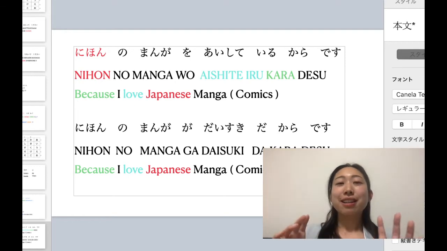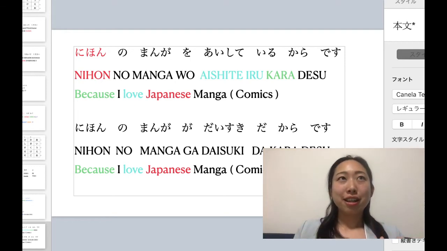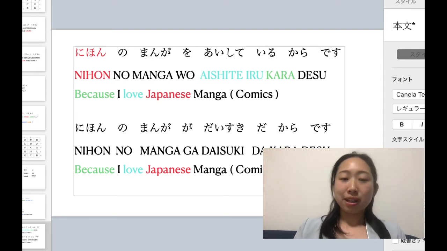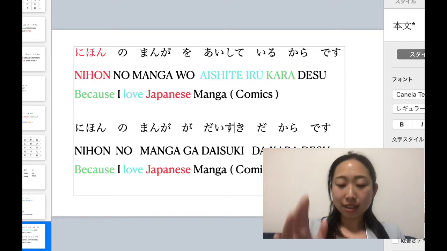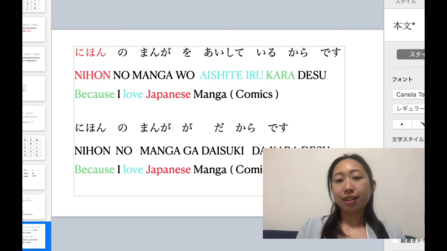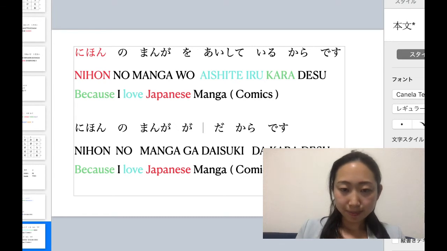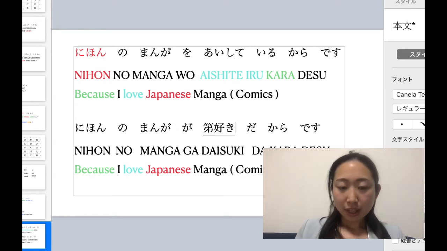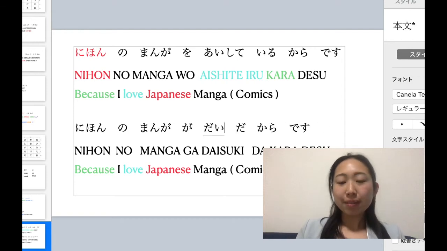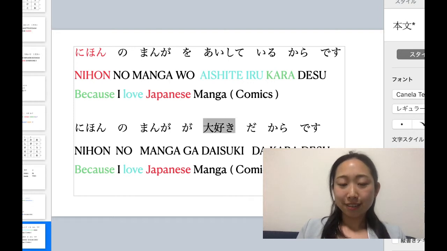And actually when we start to learn Chinese letters, maybe you will realize, when we write this down in kanji, Chinese letter, it's gonna be like this, 大好き, and then this is 好き.